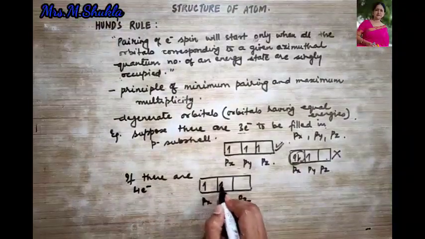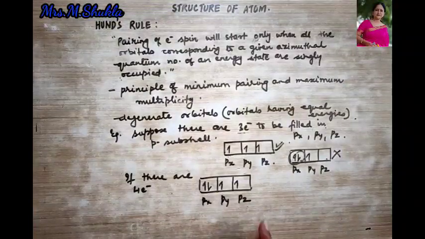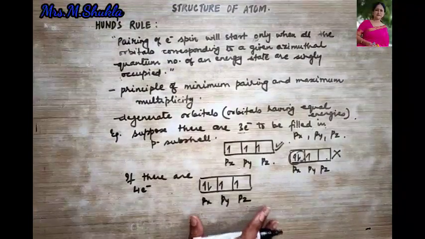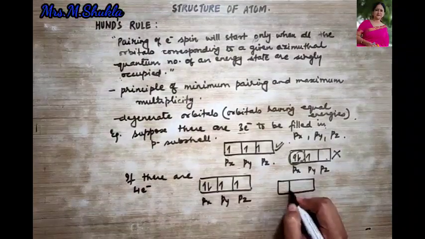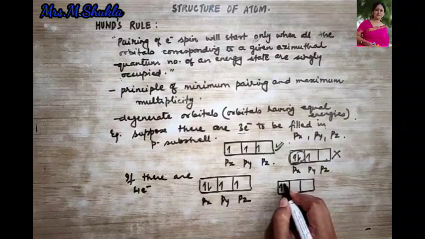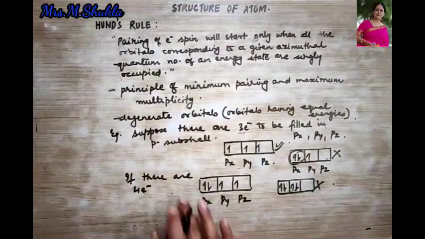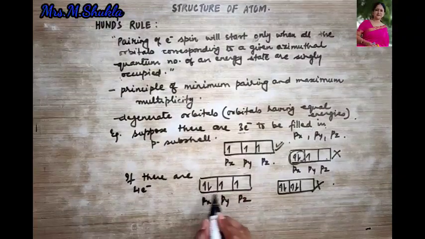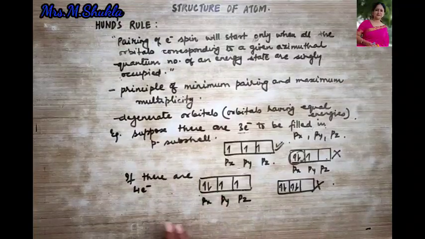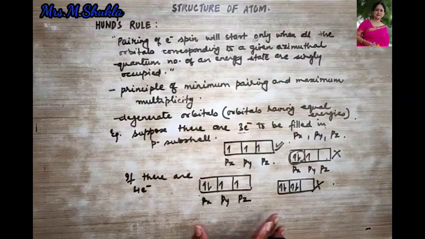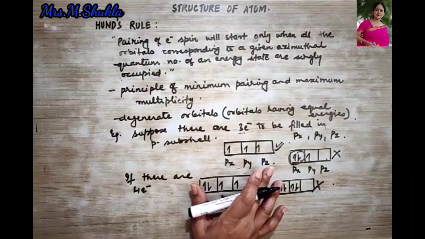So 1, 2, 3. And then comes the 4th one. I hope this is clear. This way it will be wrong. If you think of filling up the orbitals like this, then this is wrong. First it has to be completed singly in all the 3 orbitals, and then we move to the first one. So this was Hund's rule. I hope this is very clear to all of you.